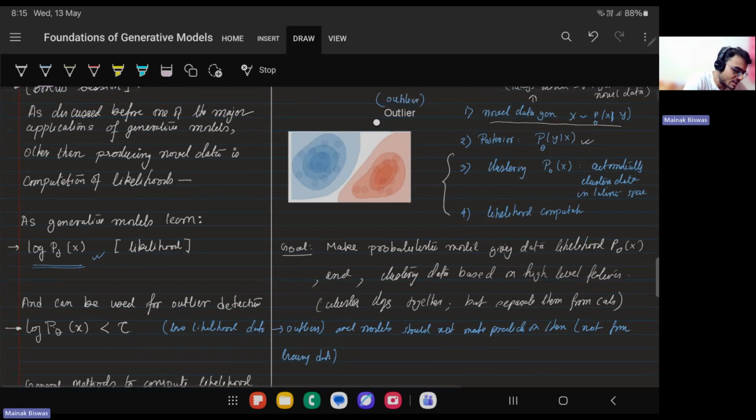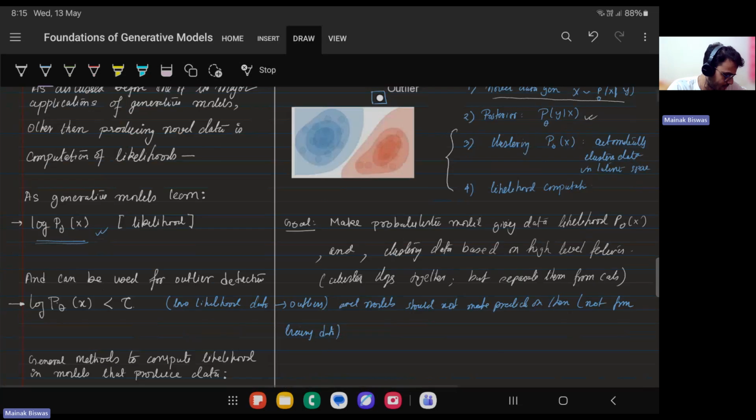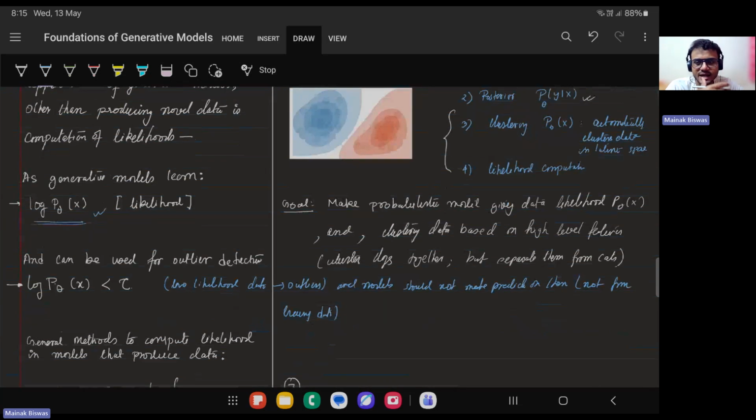For example, this outlier over here was never in the training data. It is far removed from the training distribution, so we would never make a judgment on this. Likelihood computation tells you which data is likely in a region or not. If likelihood is low, it means that data is not what the model knows about.